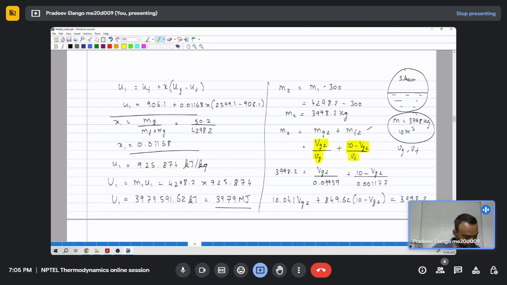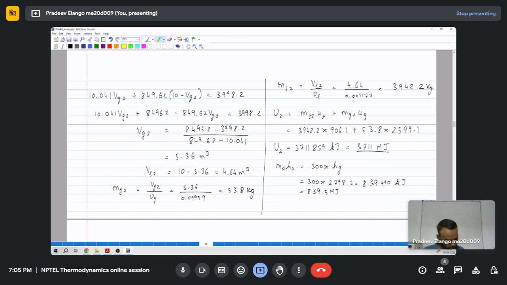So then we have these values, and now to solve this equation there are many ways, and I've taken it like this, and then separated Vg2 in one place, and then I got 5.36. Yes, got it, sir.